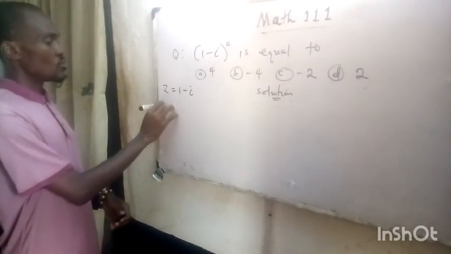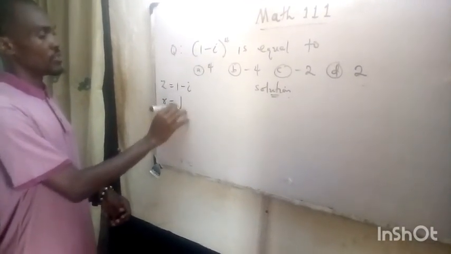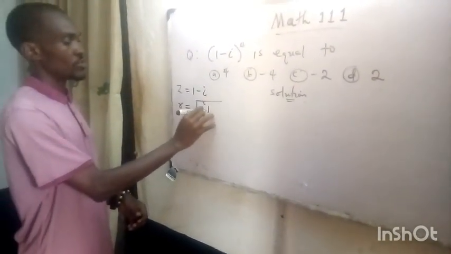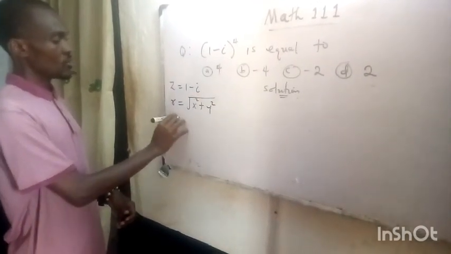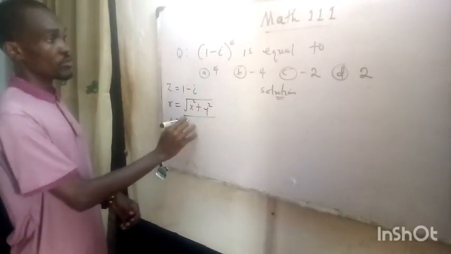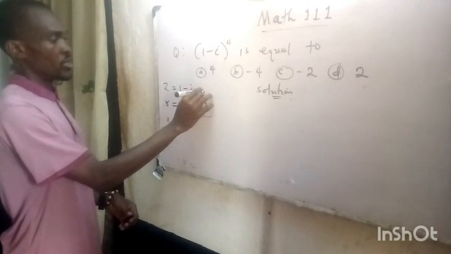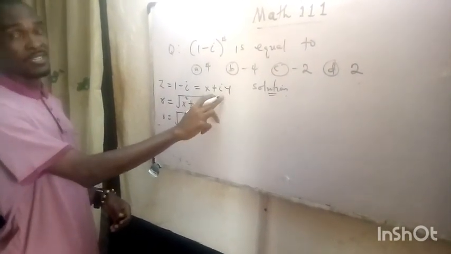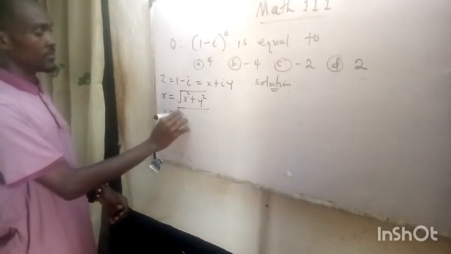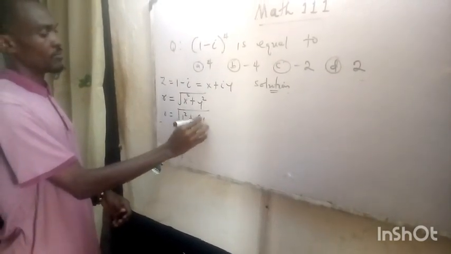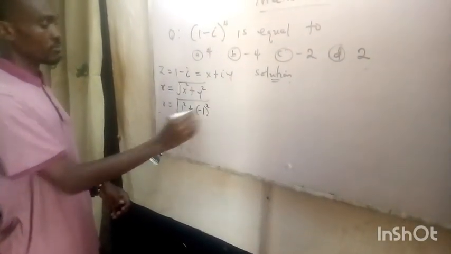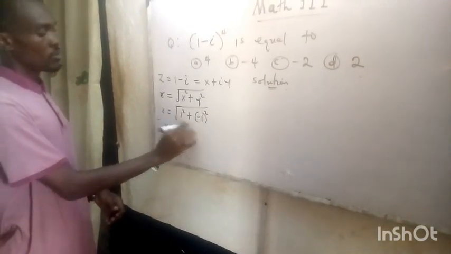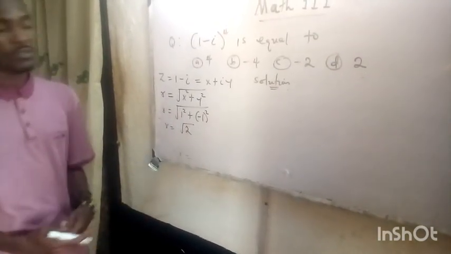Theta. So we have r is the square root, once again, of x squared plus y squared. This is the rectangular form, so x is 1 squared, then y is minus 1. So the modulus is simply root 2.